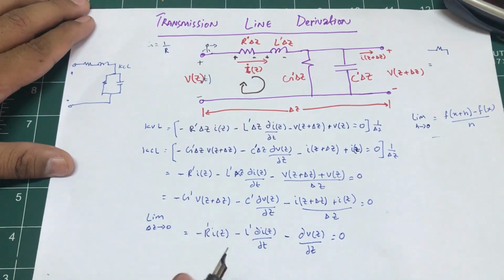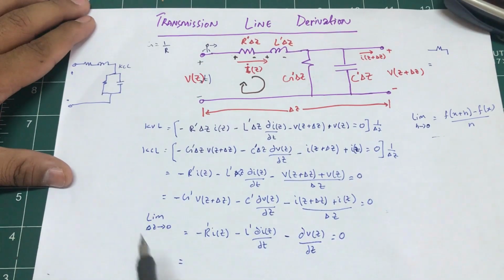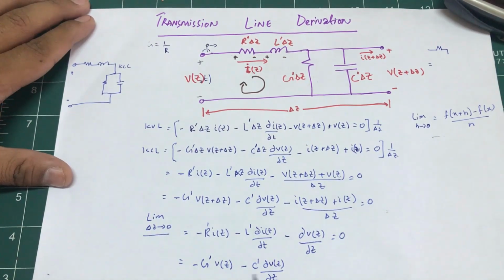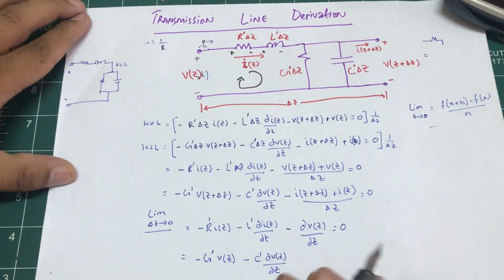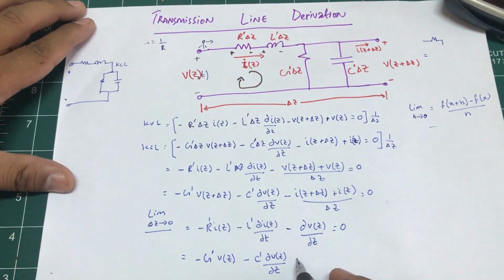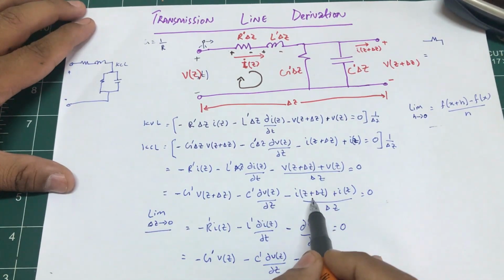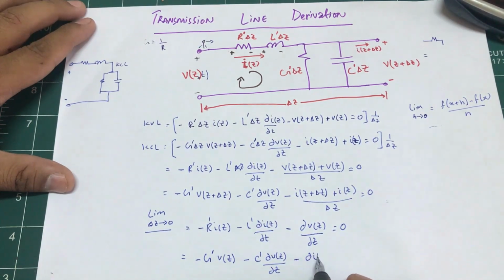This equation will change into this. Same thing, applying limit as delta Z goes to 0. So this will change from negative G' V of Z minus C' dV of Z over dz minus dI over dz is equals to 0.